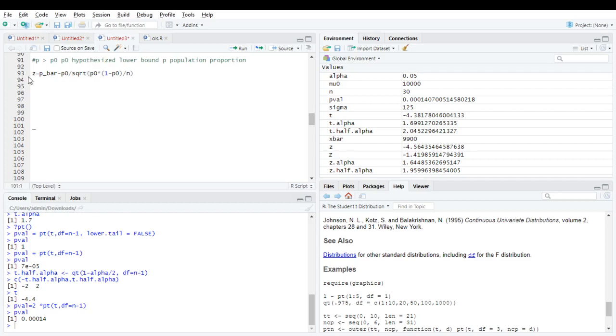Okay, so this is what we need to compute again for population proportion.